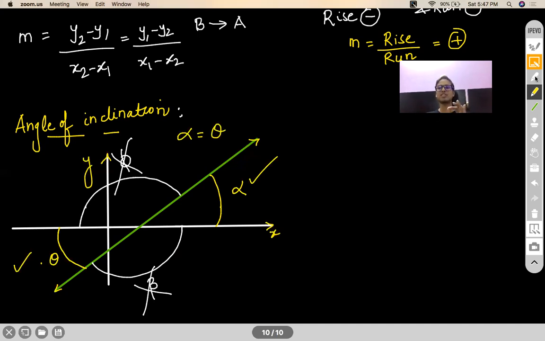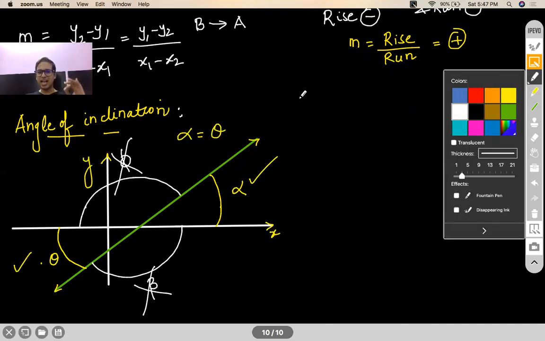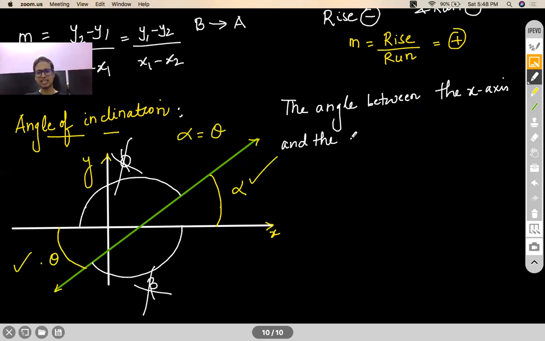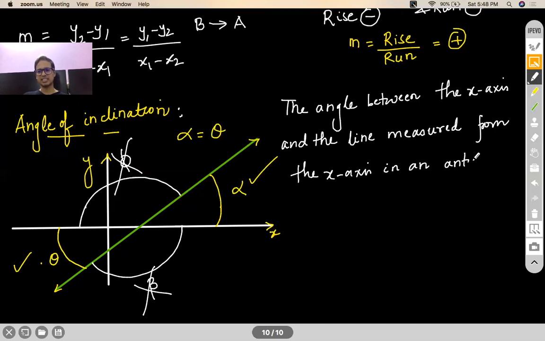Okay, now listen to the definition, which many people misinterpret. Angle of inclination is defined as the angle between the x-axis and the line, measured from the x-axis in an anti-clockwise direction.